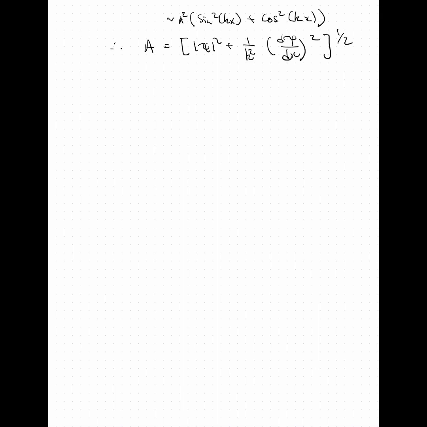Kind of a mess, but we don't really need to go further than look at a and k. And when a decreases, k must increase, and that means that the wavelength is also increasing. So that explains the relationship between the amplitude and the wavelength.